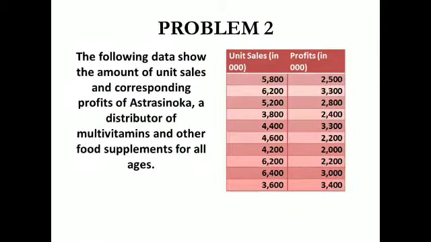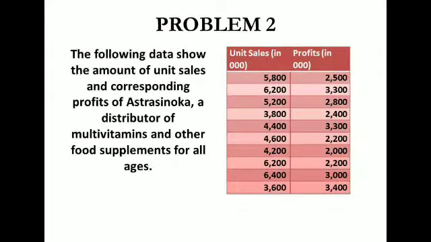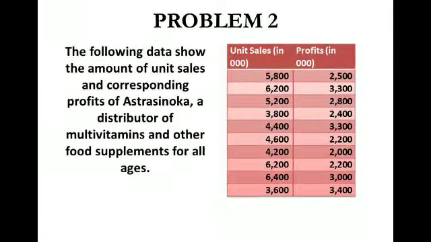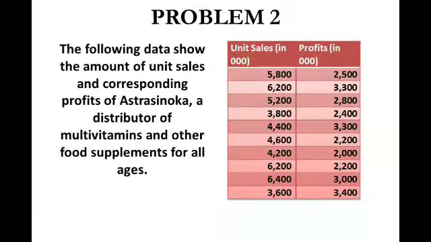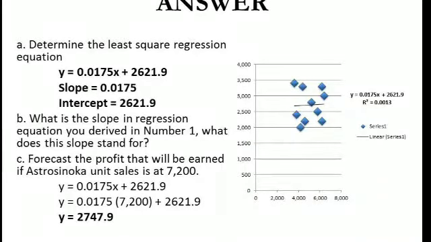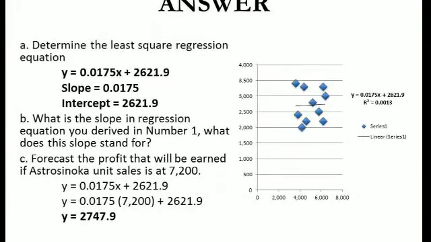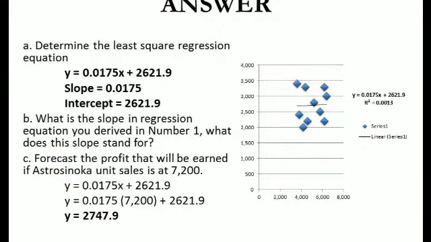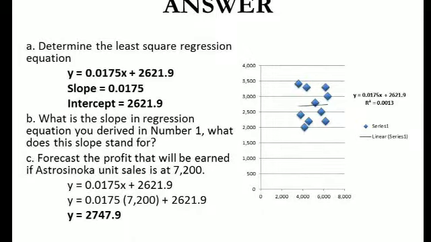Problem number 2. The following data shows the amount of unit sales and corresponding profits of AstraZeneca, a distributor of multivitamins and other food supplements for all ages. This is the table. The answer for A, determine the least squares regression equation, is y equals 0.0175x plus 2,621.9.